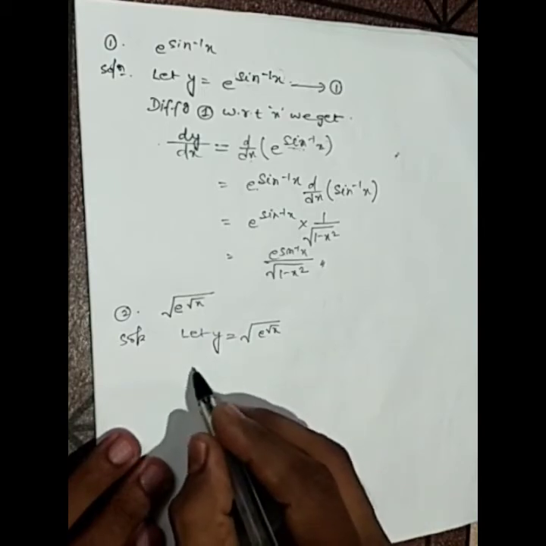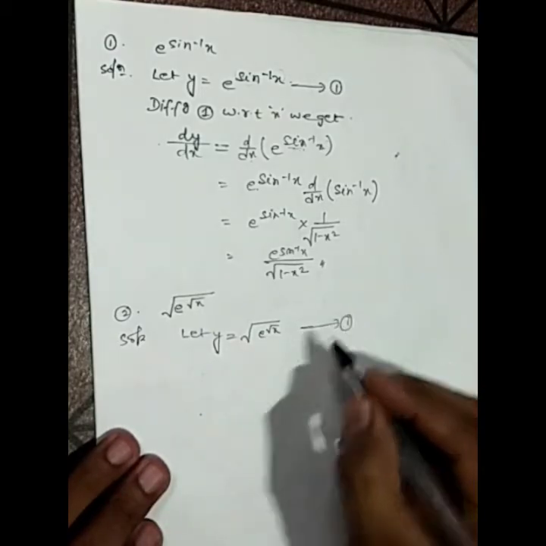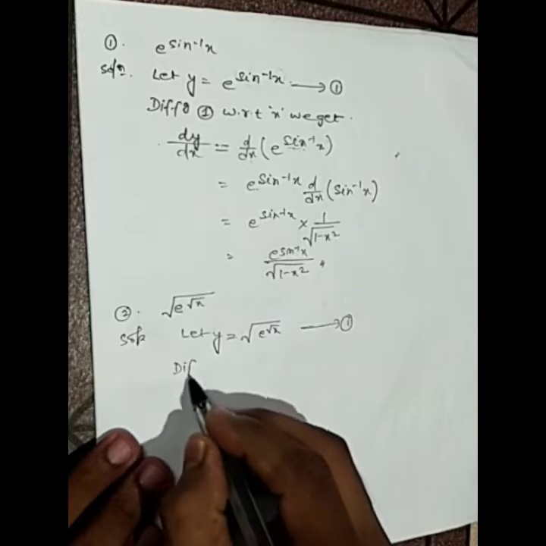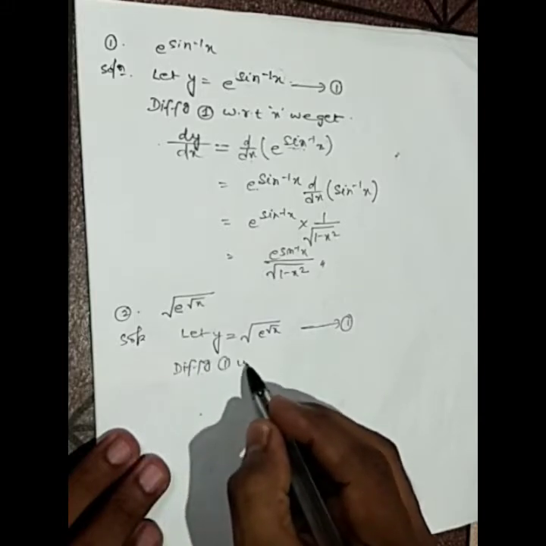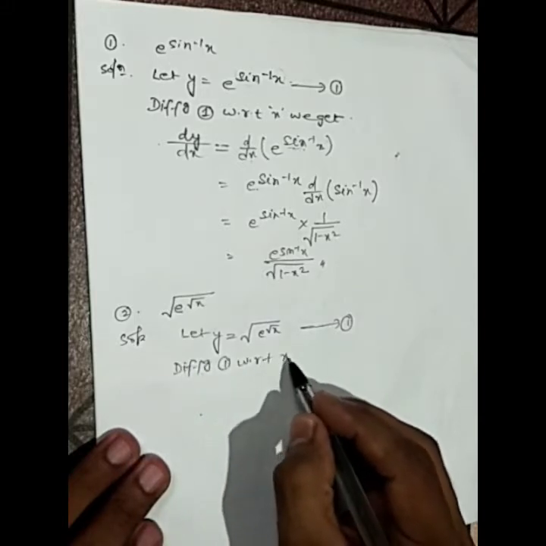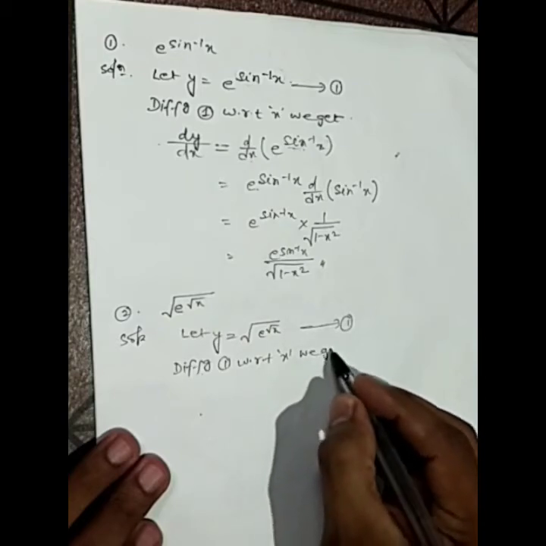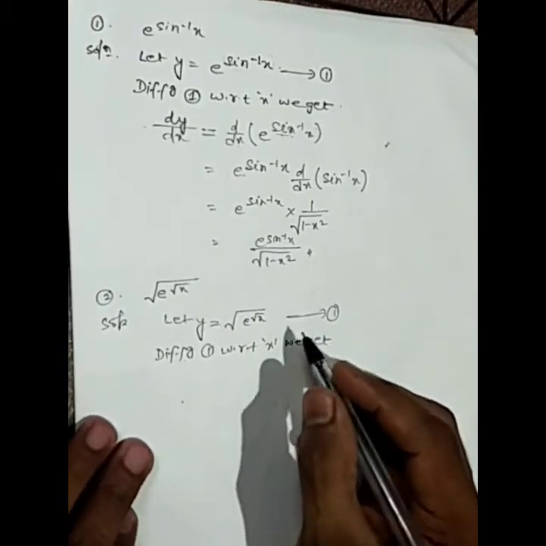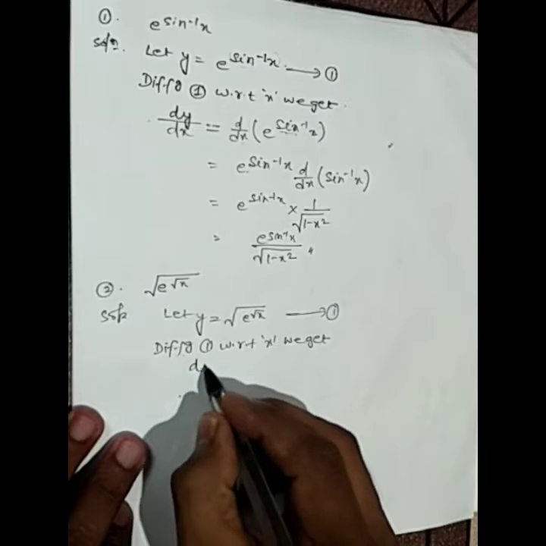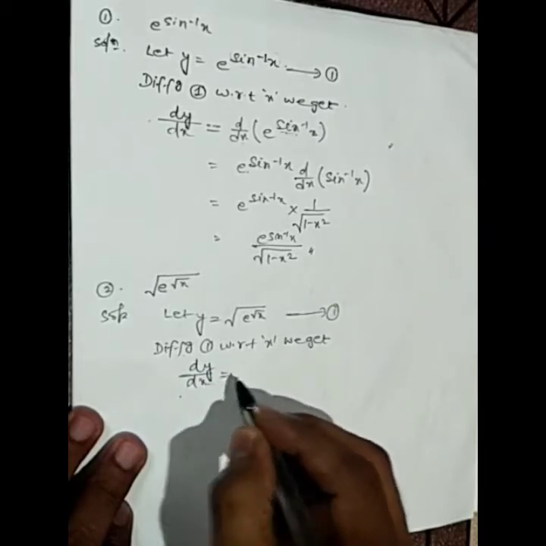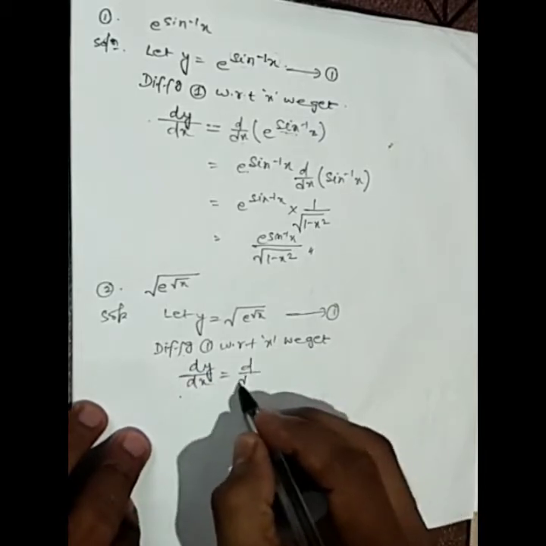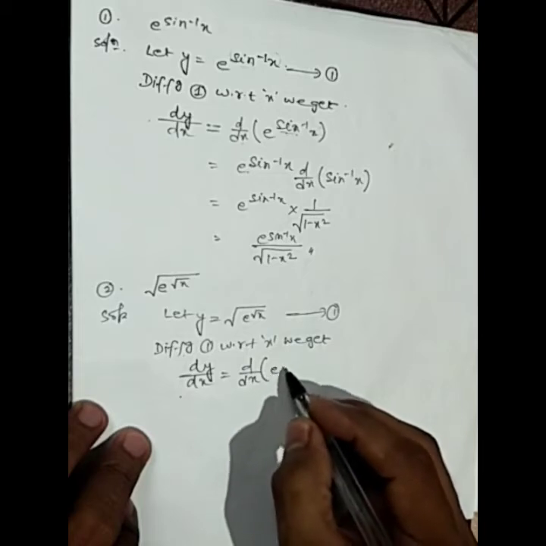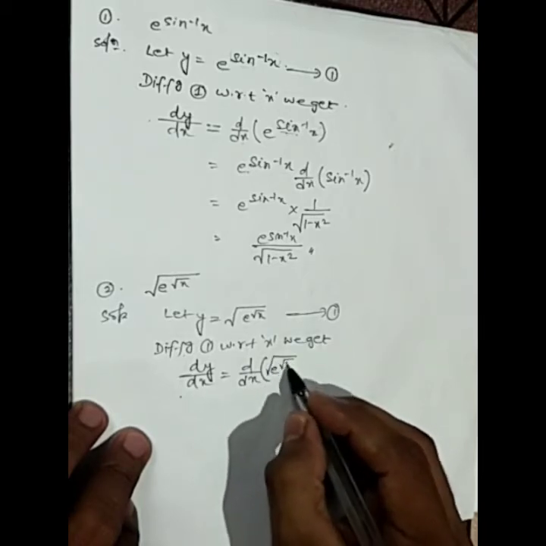If this is equation 1, differentiating 1 with respect to x, we get dy by dx equal d dx of under root e to the power root x.